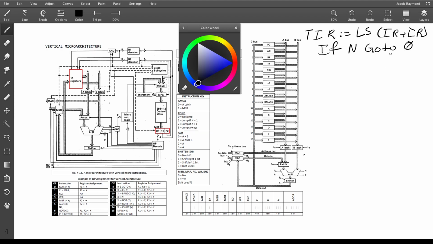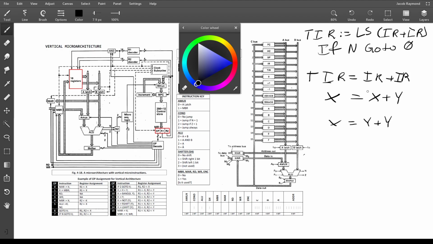So here, you might start off with something like TIR equals IR plus IR. However, if you pay close attention, there is still nothing in this set of instructions that allows you to do this. The only addition operation is X equals X plus Y. There is no X equals Y plus Y, or something like that.